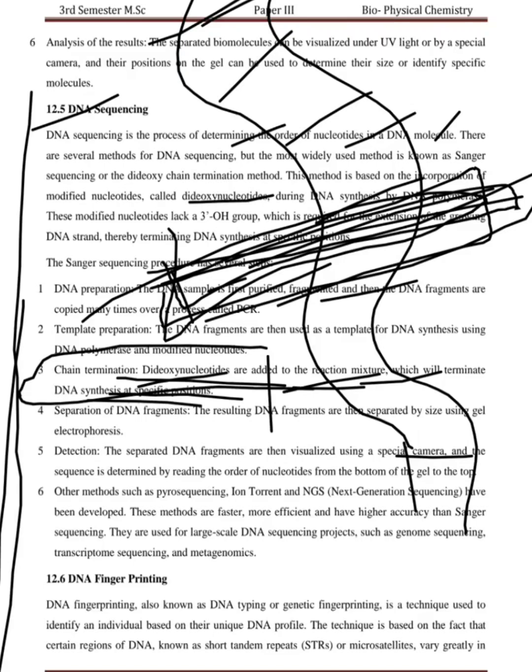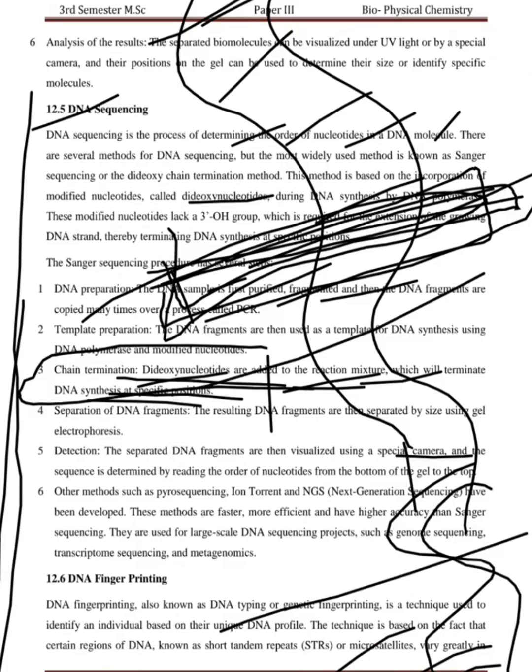So that can be stopped. To stop the reaction, we are going to use dideoxynucleotides added to the reaction mixture, which will terminate the DNA synthesis at specific positions. The addition of nucleotides can be stopped.